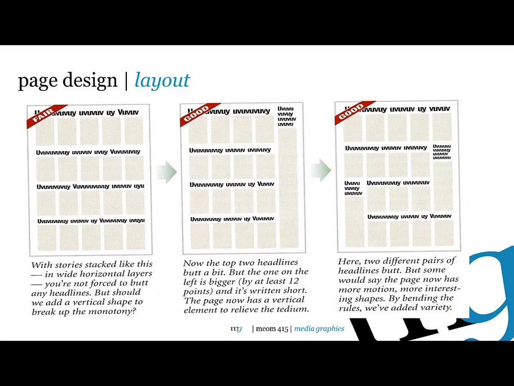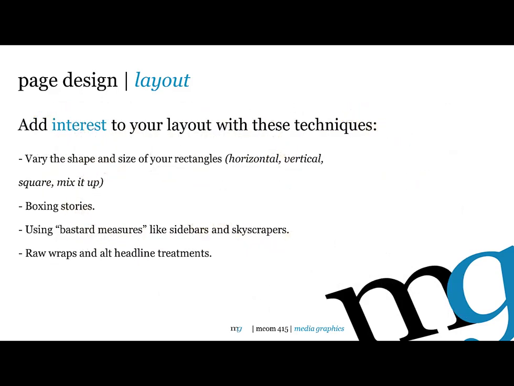The last example here, we have possibly the most interesting one because we don't have the repetition we have in the first two. And we have headlines that do bump each other, but again, they're different sizes, they're different numbers of lines, etc. So we've got some variety here. So that's one of the things we want to think about.